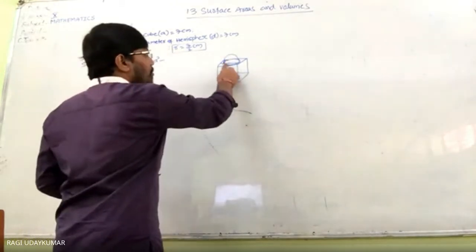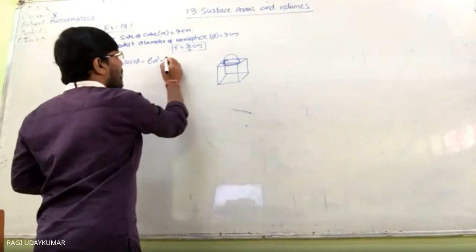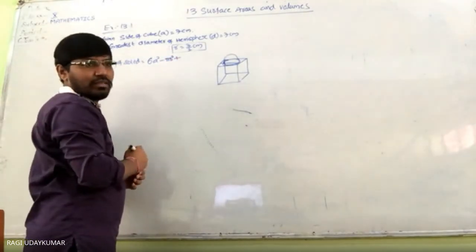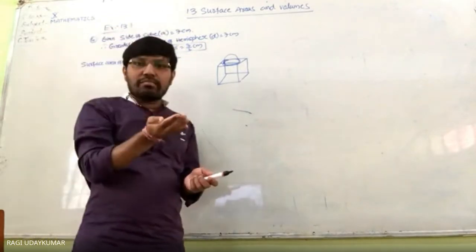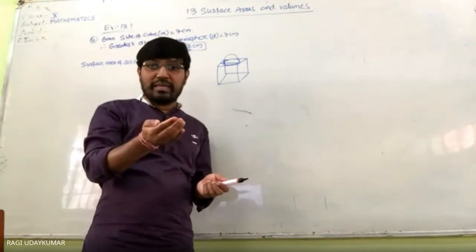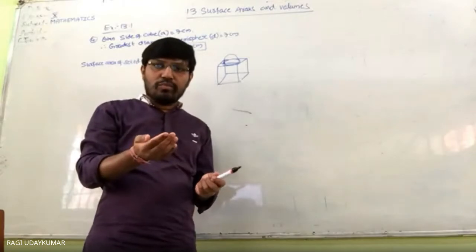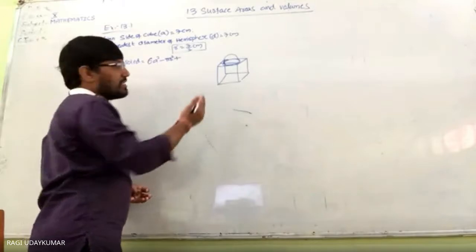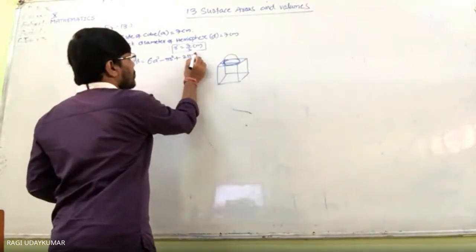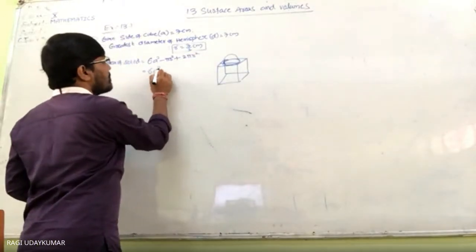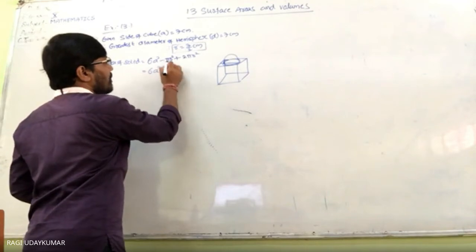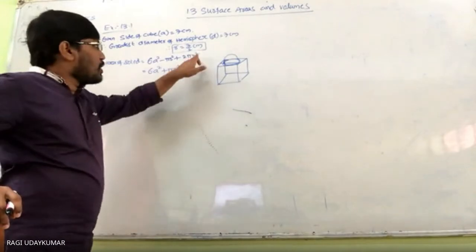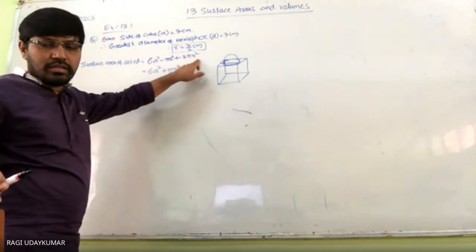So ये पार्ट हमको नहीं दिख रहा है, so the circular part should be subtracted and what should be added? ऊपर ऐसा surmount हो गया hemisphere, and that hemisphere part should be added. Hemisphere surface area क्या है? 2πr square. So which is equals to 6a square minus pi r square plus 2πr square. Did you understand this part?